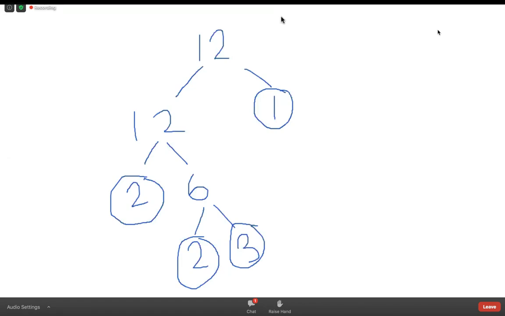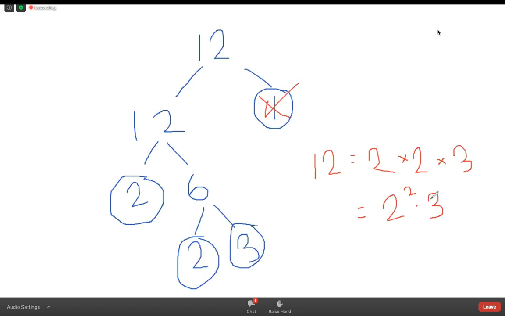So now our prime factorization is, actually we're just going to ignore the 1 here, but our prime factorization is 2 times 2 times 3. So the prime factorization is breaking down a number into its prime factors and writing it out as a product of those prime factors. So this can also be written as 2 squared times 3.